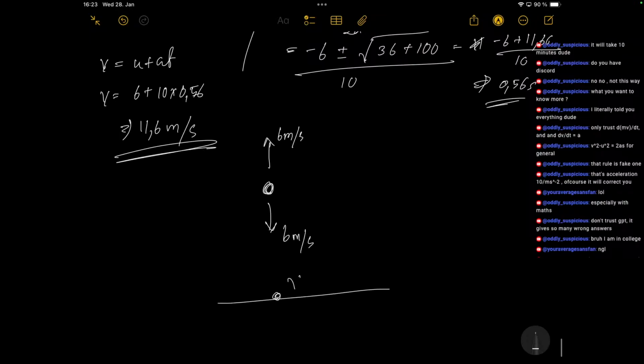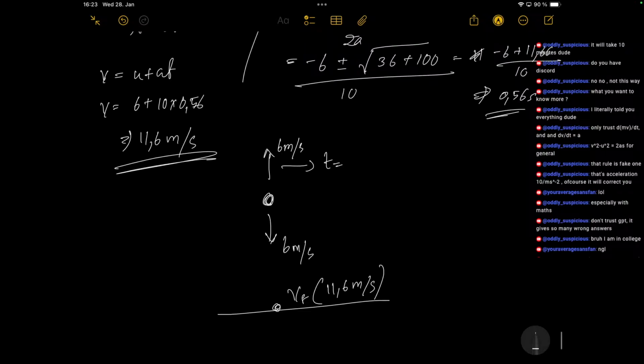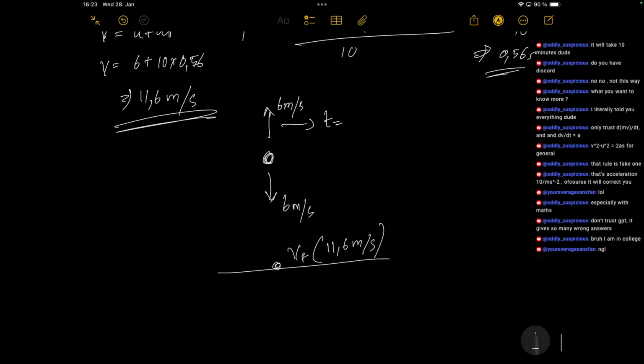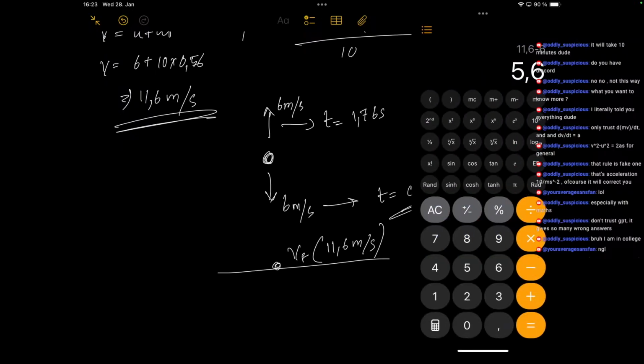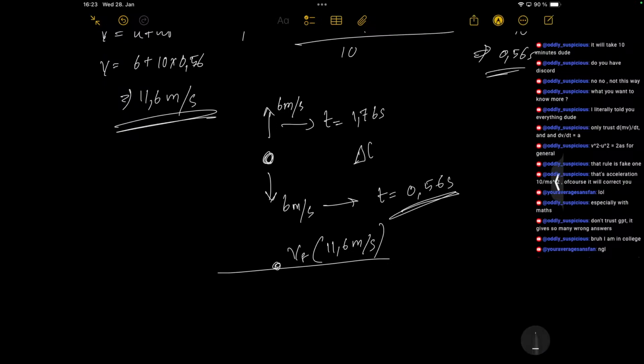It's gonna reach the ground at 11.6 meter per second. But in this case, t equals 1.76 seconds. In this case, t equals 0.56. That's interesting. The difference is 1.2 seconds.